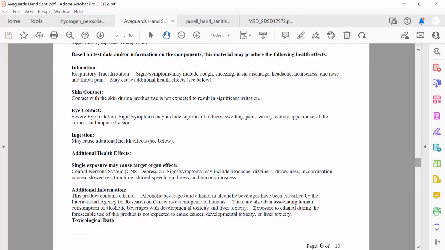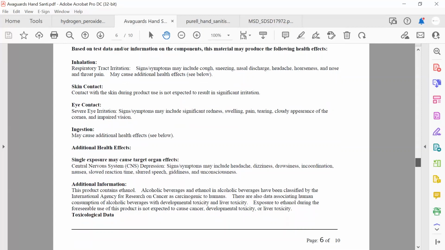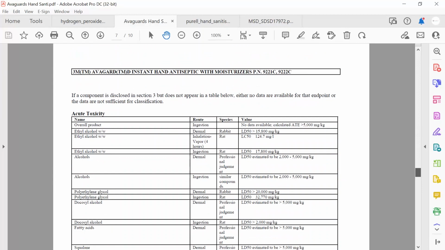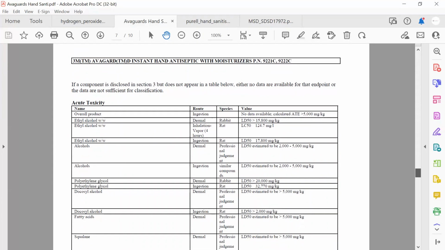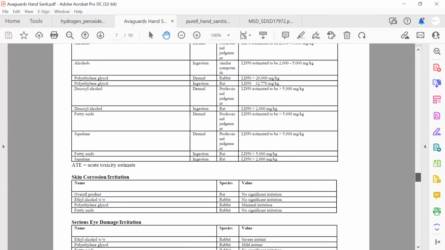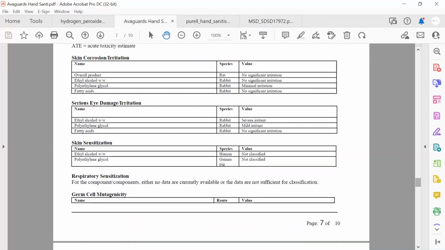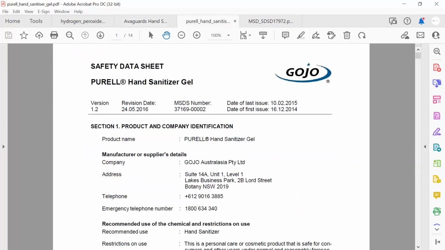So it also talks about not having alcoholic beverages while you're being exposed to this because it could have liver toxicity. It talks about acute toxicity based on the product and the testing it's done, and the different species it has done the testing on for the different areas and the skin corrosion, eye damage, etc. We're going to move on over to Purell hand sanitizer.